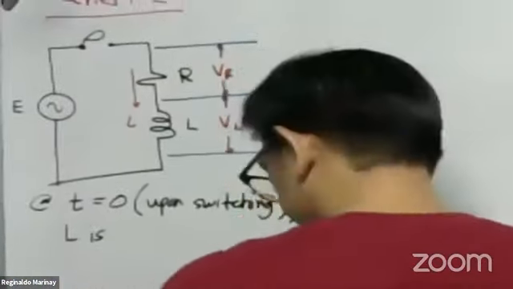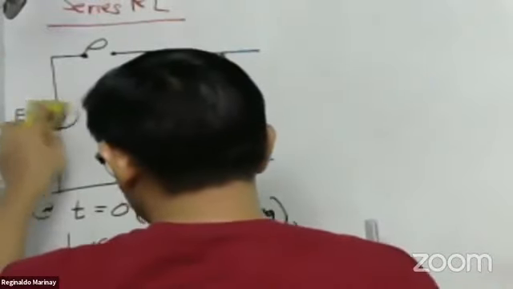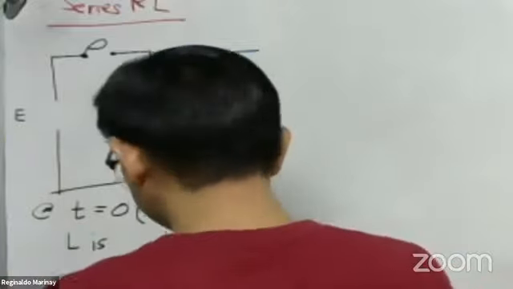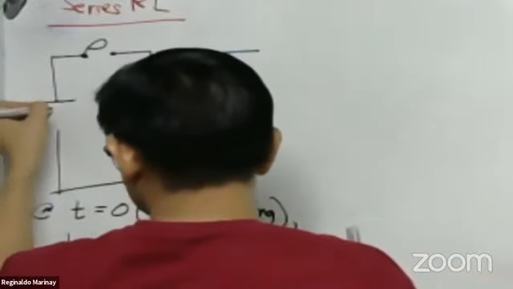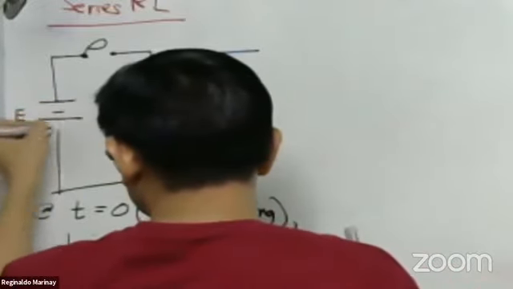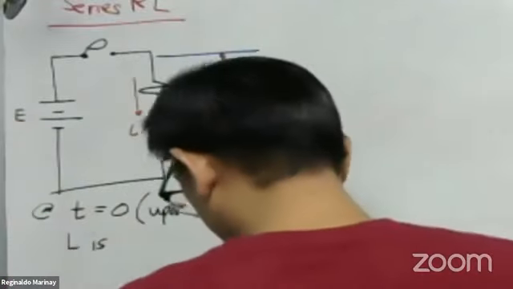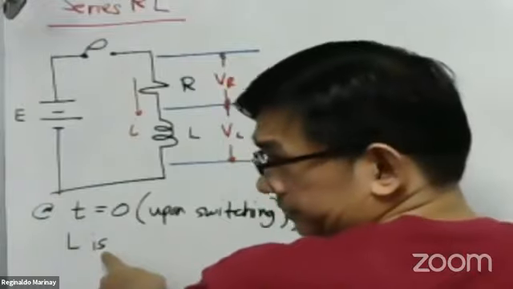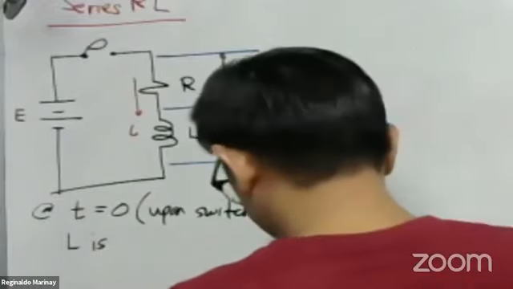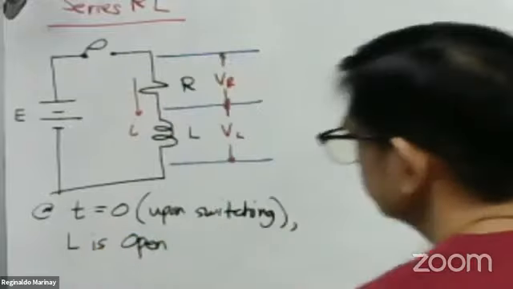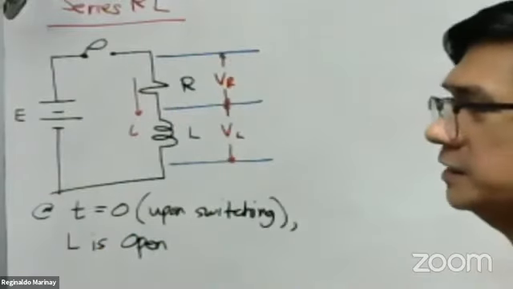By the way, this is a DC transient. Sorry, I correct this. L is open. That is upon switching.